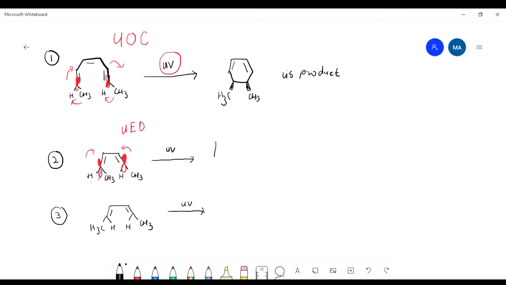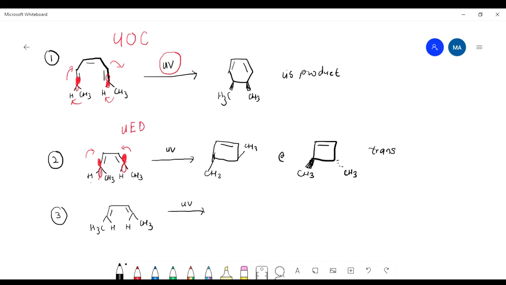So we will end up with a cyclobutene with the CH3 up here, and another CH3 down. Or we can draw it properly, one is in front and one is at the back. So we get a trans product.